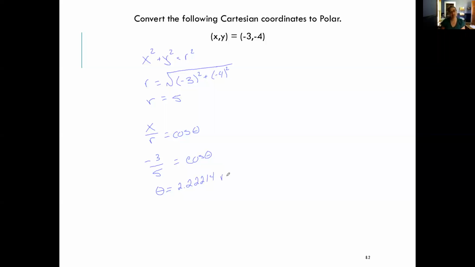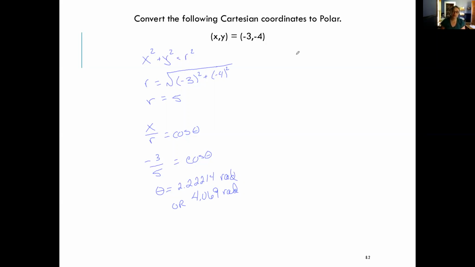And remember, this is going to be radians. You can do this in degrees as well, but we typically do this in radians. But remember also, by symmetry, there's another angle that has cosine of -3/5, and that's going to be 4.069 radians.